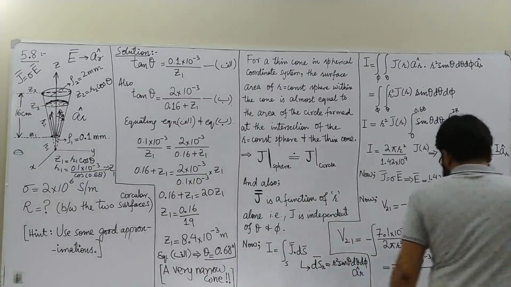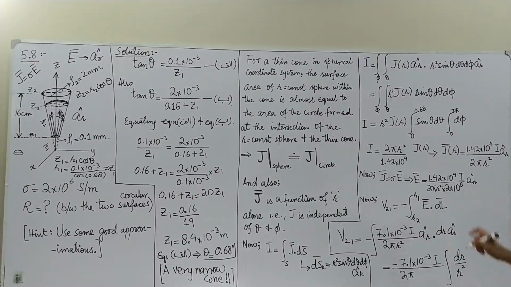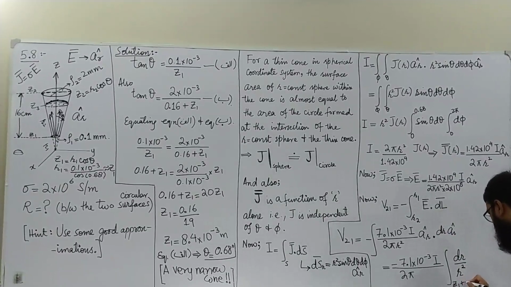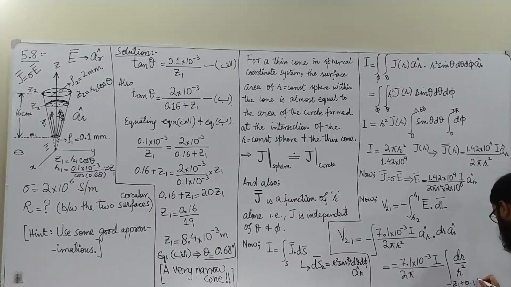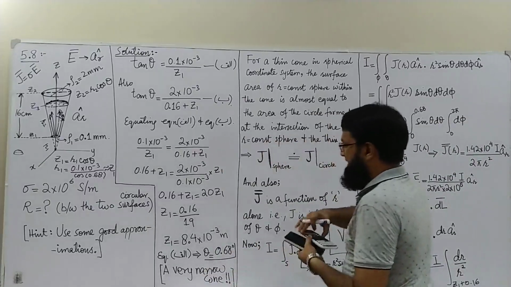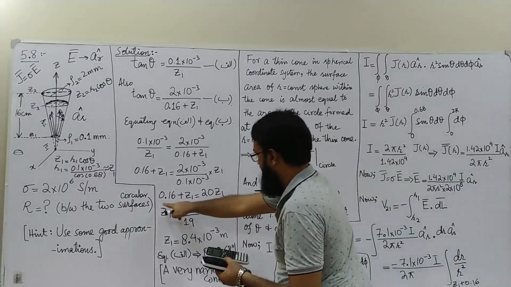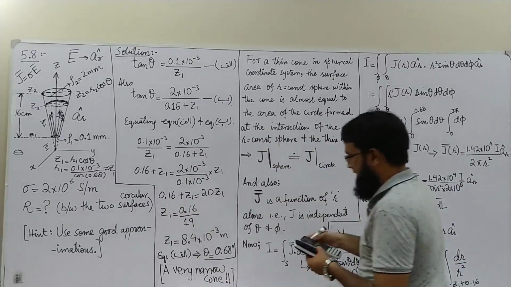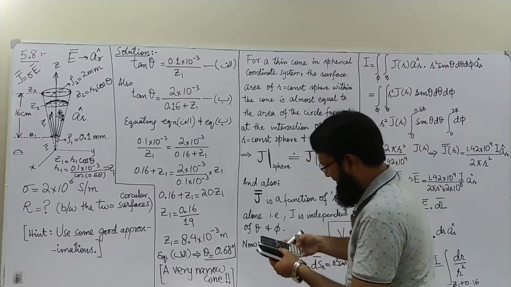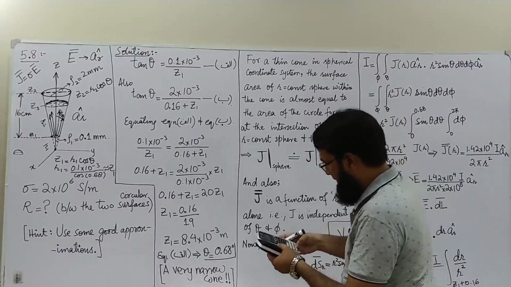So for R2, what I can write is Z1 plus 0.16, Z1 plus 0.16, meaning this thing.